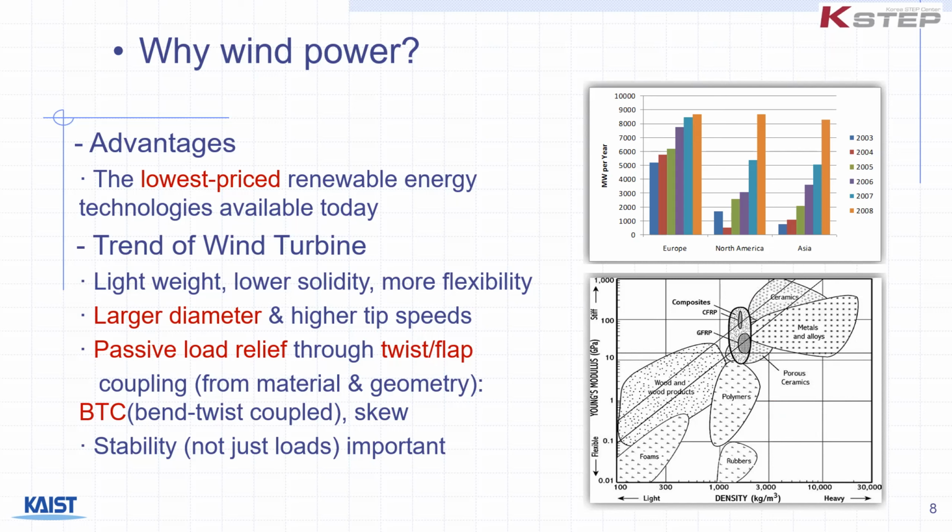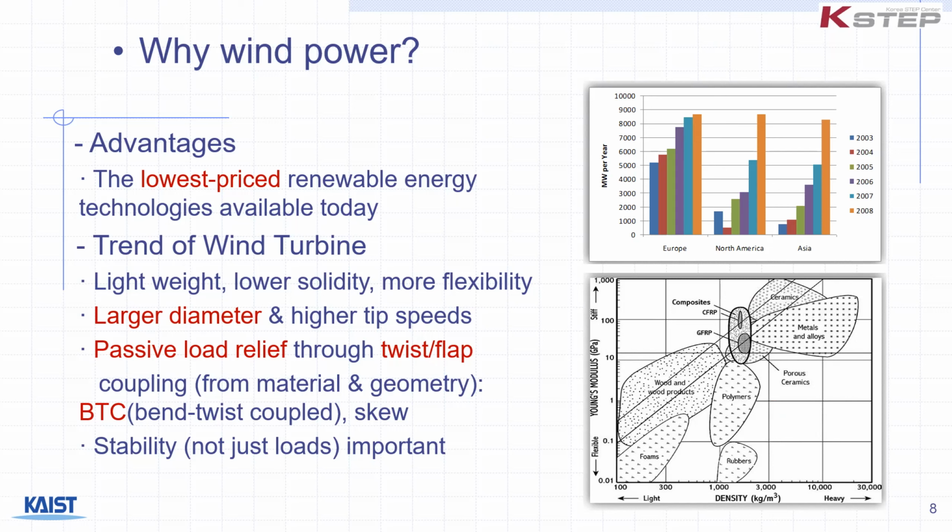On the right-hand side, you see the yearly change in Europe, North America, and Asia. The speed of increase is highest in Asian countries, especially in China. And at the bottom right, there is Young's modulus on the vertical axis, and the horizontal axis shows density.